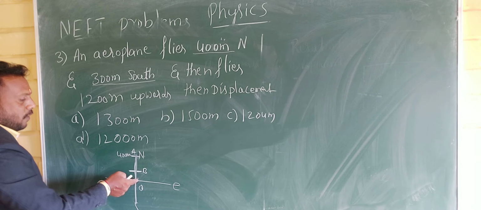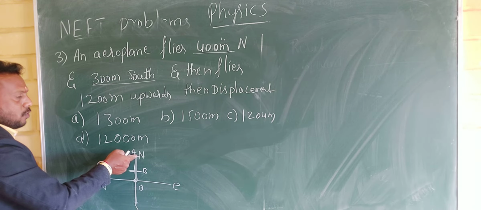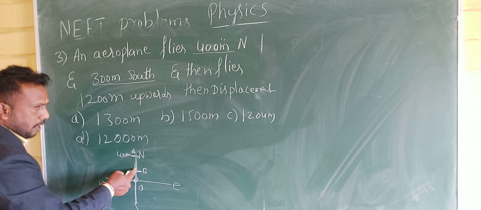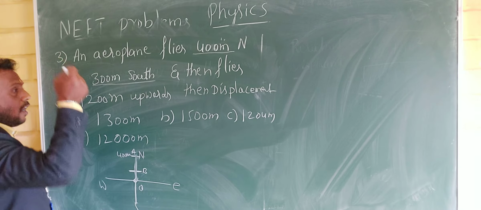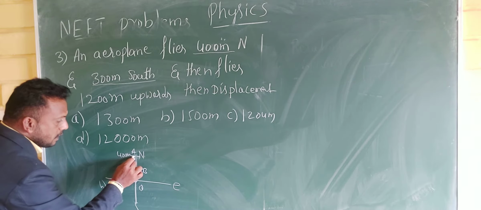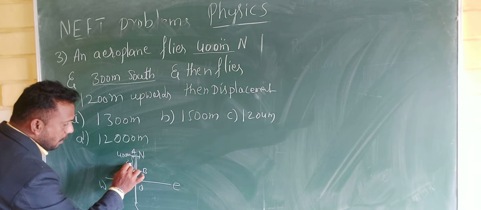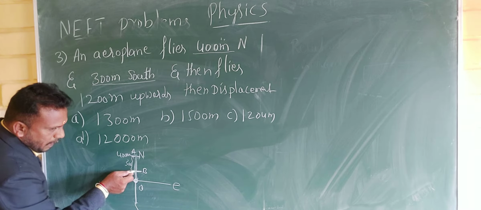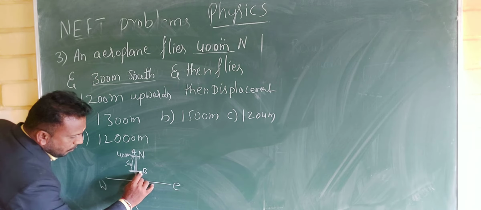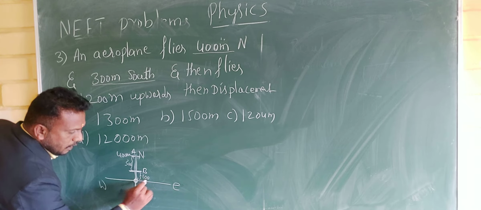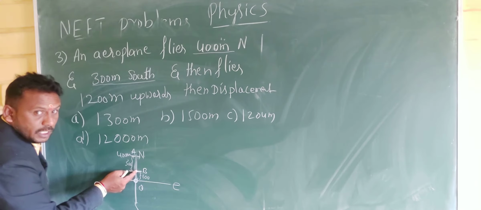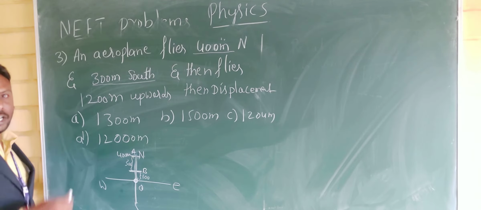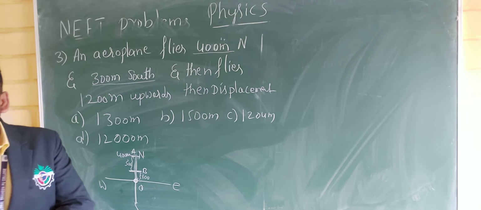The aeroplane first flies 400 meter towards north and then comes south 300 meter and then flies in the upward direction. This is 300 meter from the origin O to point B. What is the displacement? That is 100 meter.